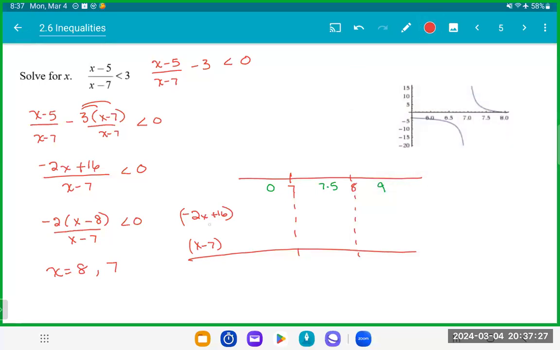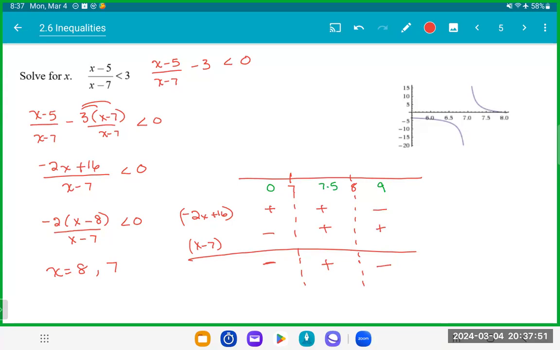Okay, so when I plug 0 in over here, I get positive and negative, so that's going to give me a negative value. When I plug 7.5, I end up with positive and positive, so when multiplied together, it'll be positive. When I plug the 9 in, I get negative and positive, which will be negative.